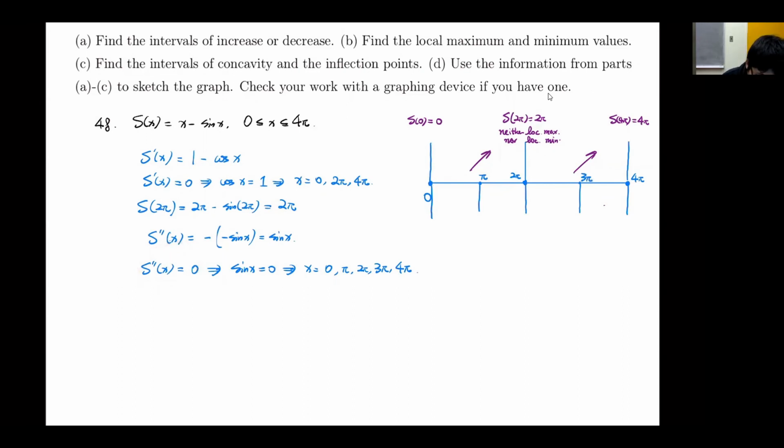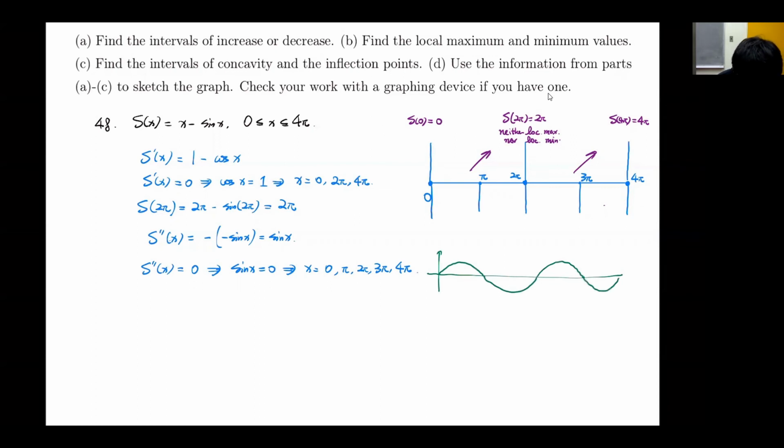So you need to recall what the graph of sine of x looks like. Let me draw it in green. Just recall sine of x over 0 to 4 pi: it passes through 0, pi, and then 2 pi, and then finally again a period.